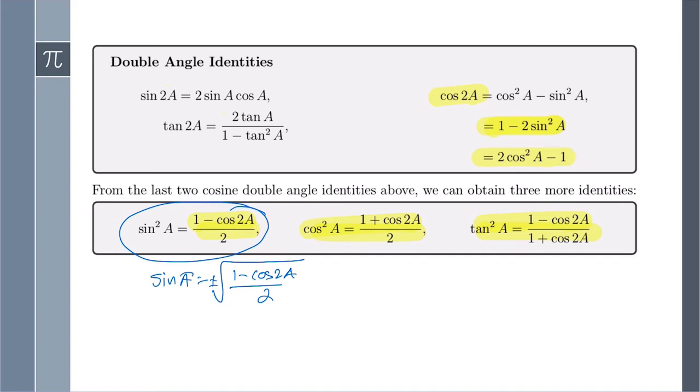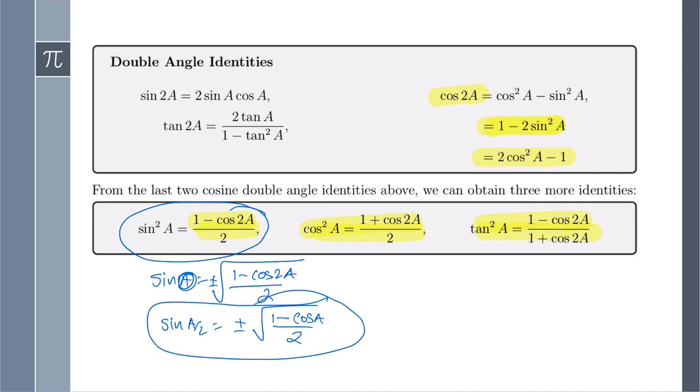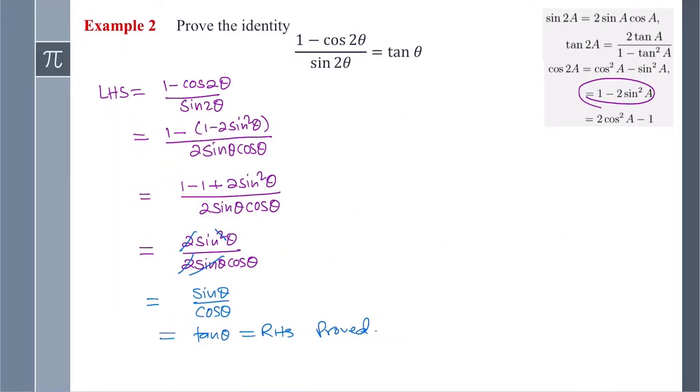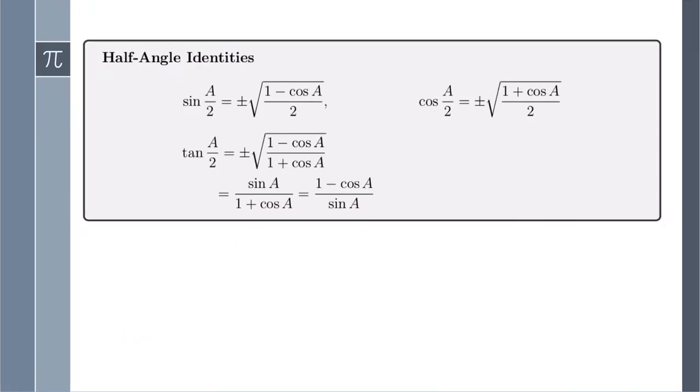Now if we replace A with A over 2, sine A over 2 equals positive or negative square root of 1 minus cosine A over 2. So this is exactly what we have here as the half angle identity.